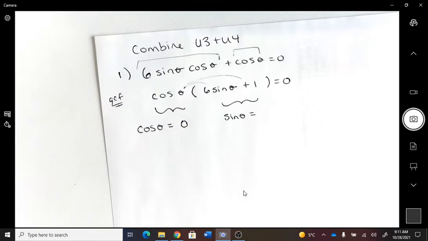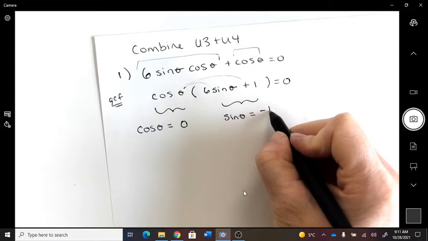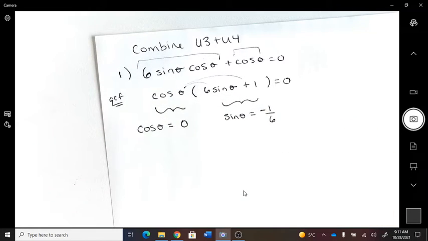And if I want that bracket to equal 0, do you remember this? This is last unit. It's going to be a fraction, something over something. Do you remember how to do that? -1/6. Right? Does that look familiar? The only thing different now is my variable is not x or y or whatever.